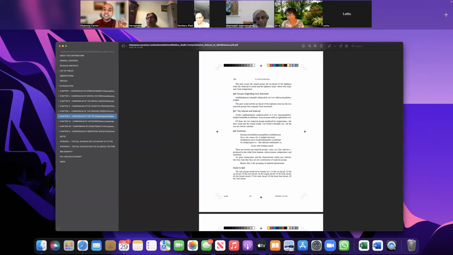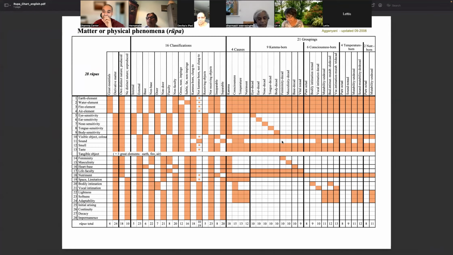But now let's go back to the chart. Now, what Dhamsari pointed out here was Karmaja. Now think about Karmaja Rūpas. Karma-born Rūpas have both nutritive essence as well as Jivita Indriya.